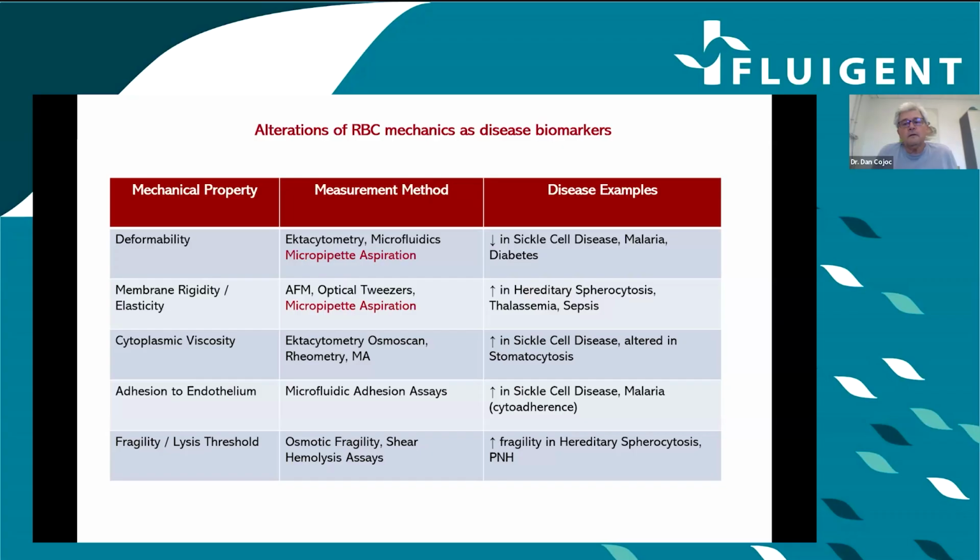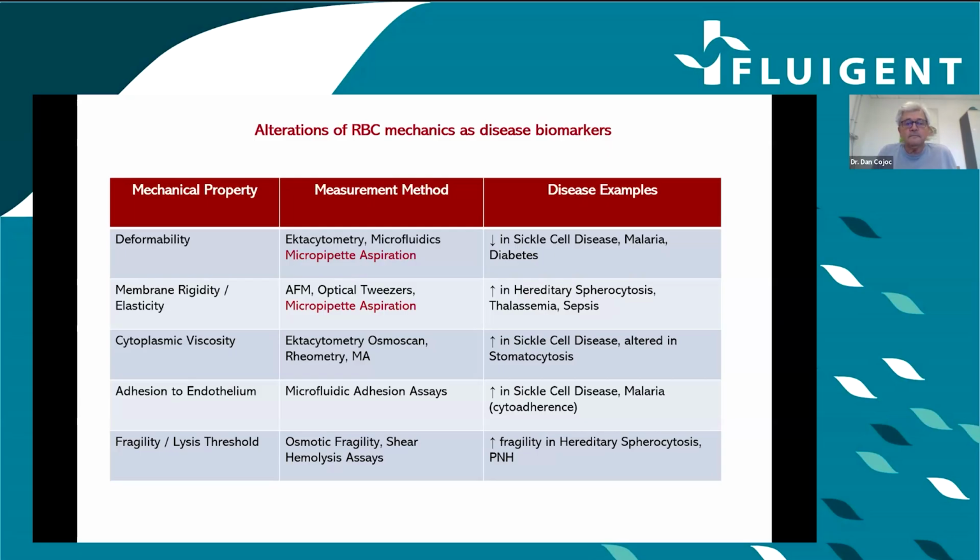Now, one can use this alteration of red blood cell mechanics as disease biomarkers. For instance, deformability, which can also be measured with micropipette aspiration, can be used as a biomarker in sickle cell disease, malaria, and diabetes.